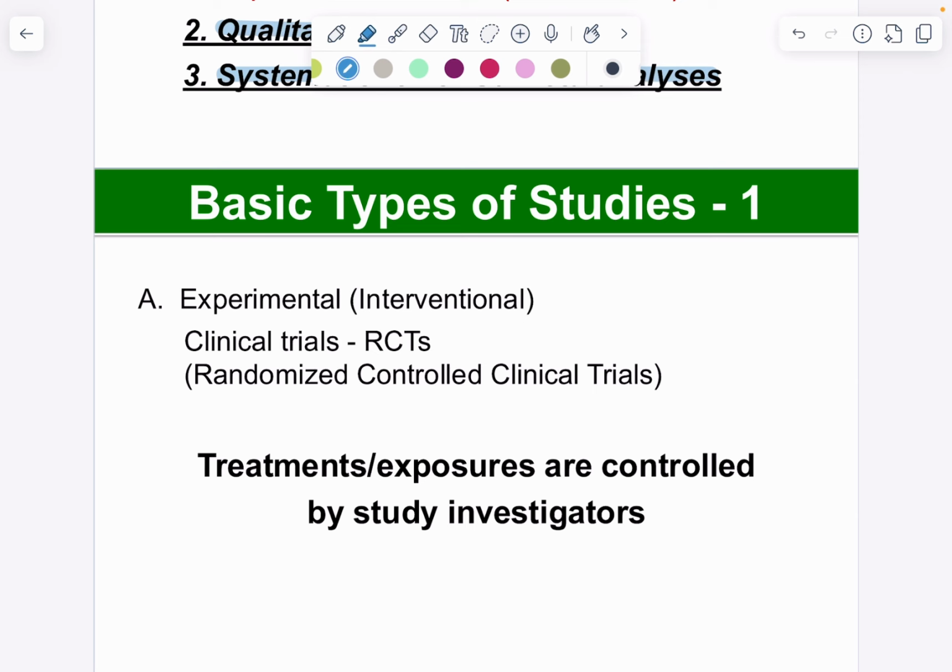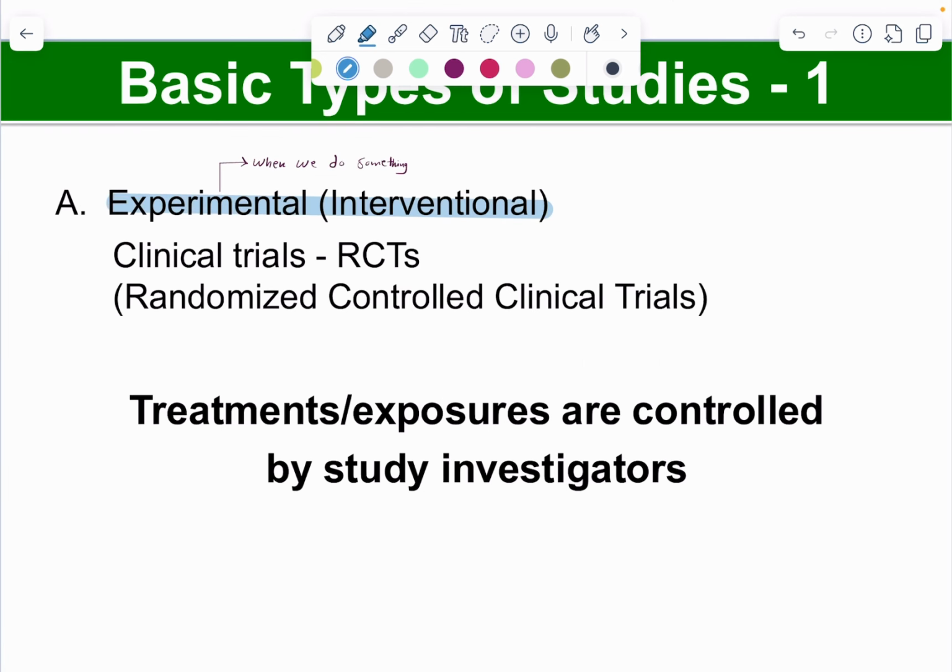Or it could be a new habit also. For example, in a community, I introduce handwashing to prevent certain diseases. That would also be an intervention, because I told them to do something. That intervention or manipulation is called experimental. If I'm just observing, doing nothing, then that would be observation. This you have to keep in mind.